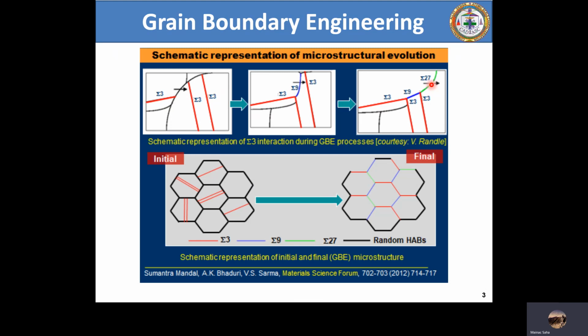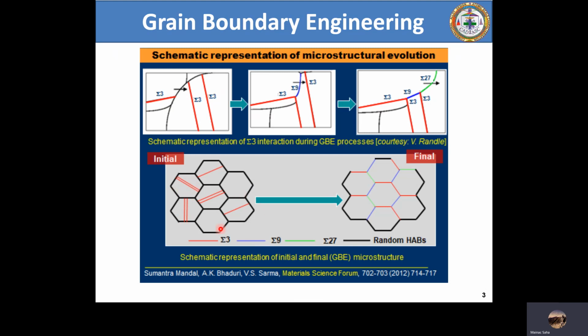The simplest way to describe grain boundary engineering is to look at a bunch of hexagonal polycrystals comprising random angle boundaries and twins, maybe mainly annealing twins because they extend throughout the entire grain, as I've already discussed in one of the earlier sessions. So it's a sigma 3 twin boundary.